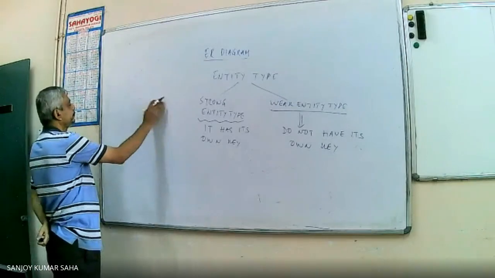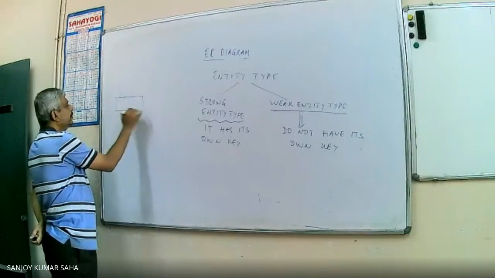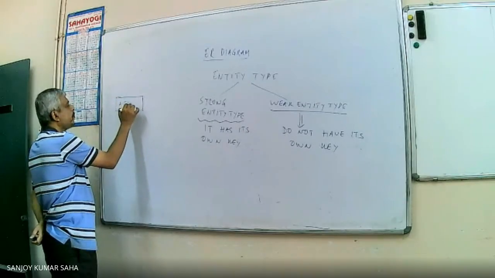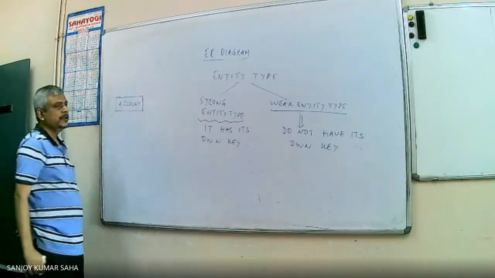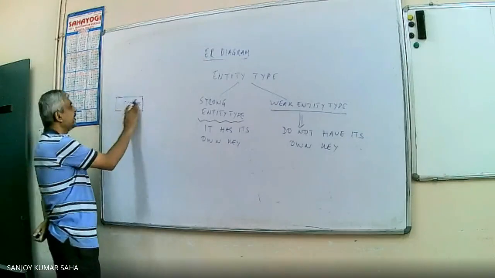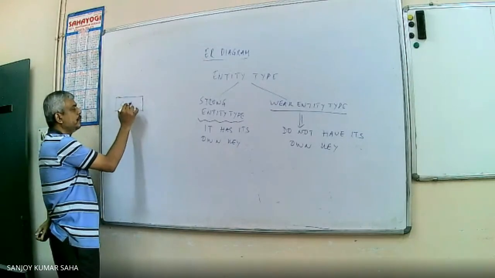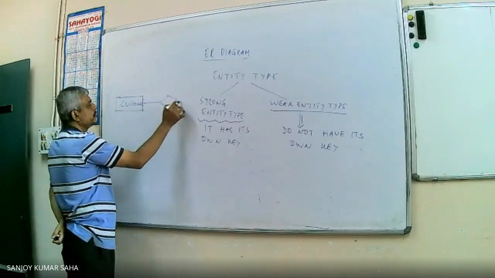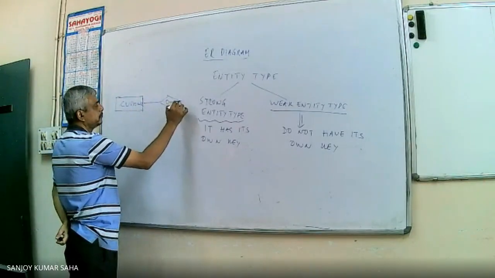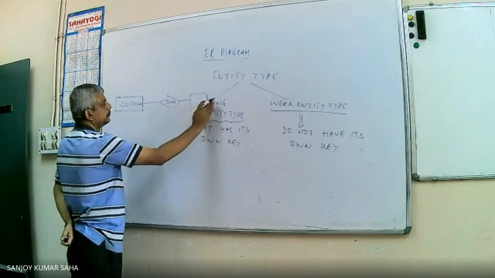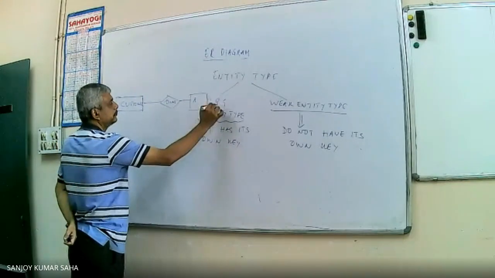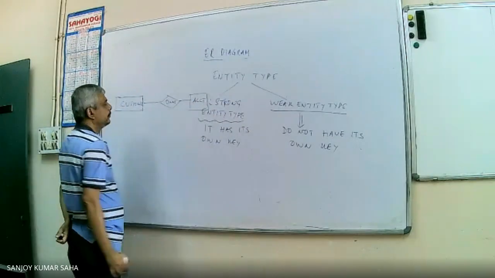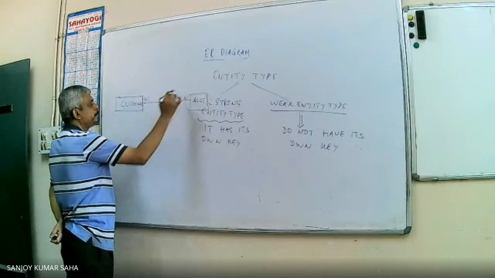Suppose, say in the bank, we have a customer holding an account. Customer owns account. Say this is many to many.